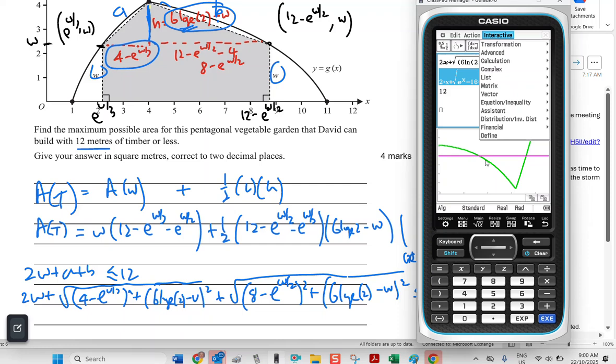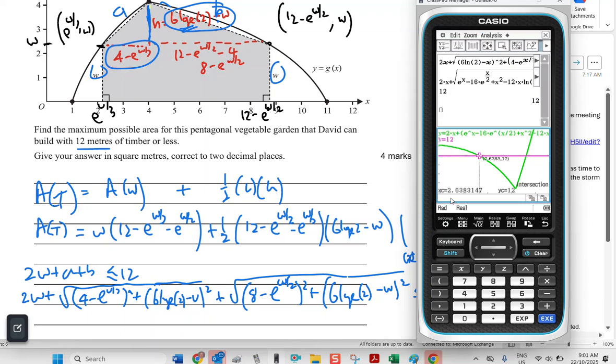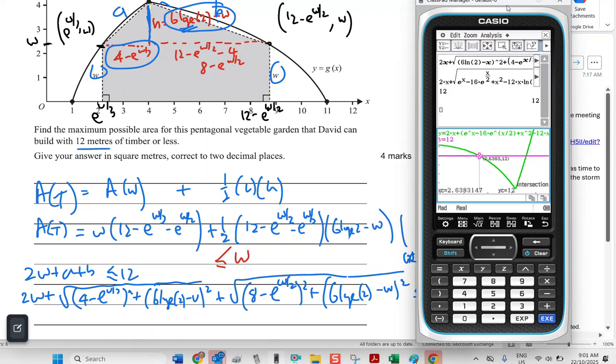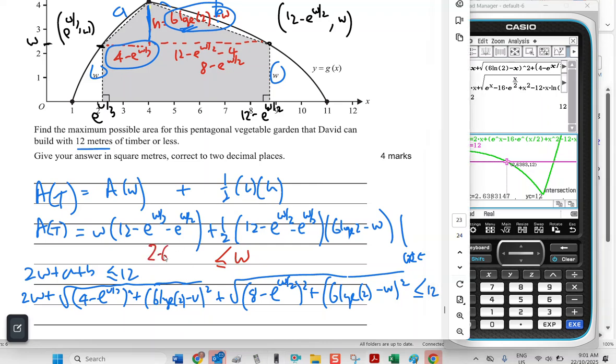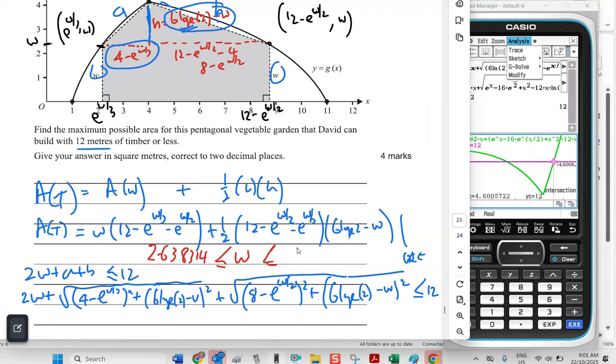So if I do Analysis, G-Solve, Intersection, I can see that W has to be between 2.638314 and between this second intersection point, 4.6005.